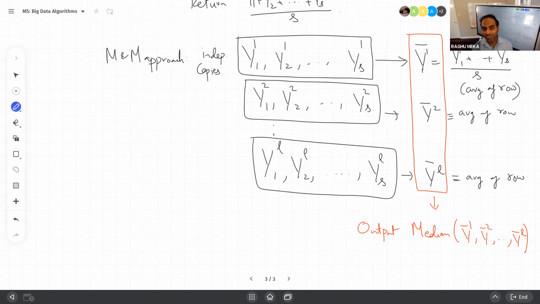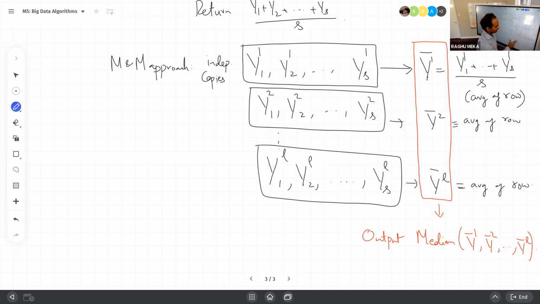So the intuition is that, suppose I tell you that your average is good with probability 3/4. Your first row has some reliability. It's giving you an approximately good answer with probability 3/4. So you're wrong 1/4 of the time. And then you have multiple rows.